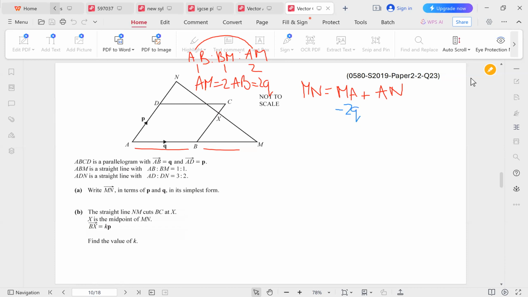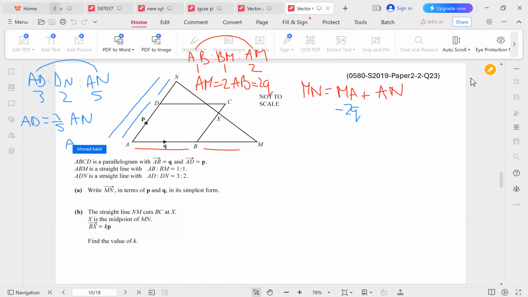And we are left with AN. So how do we get AN? Using the same logic again. We have AD and DN as segments. And then we have the total segment here. So AD to DN to AN. We have 3 to 2 to 5. We are interested in AN and we have AD. So we can express them as AD equals 3 over 5 AN.